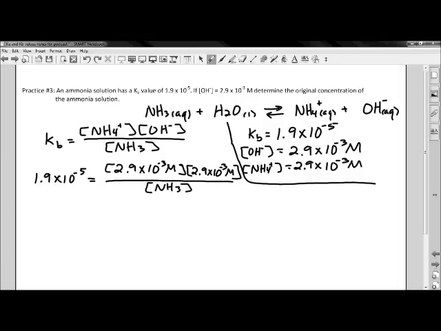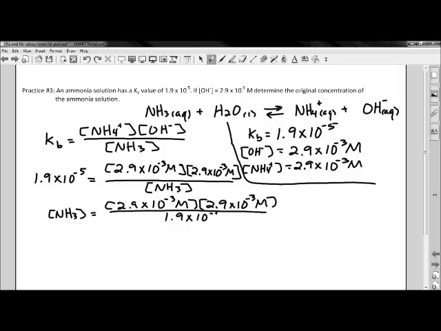So to solve this, we need to multiply our NH3 over and divide the 1.9 times 10 to the negative fifth over. So here we go. We have our NH3 now equal to 2.9 times 10 to the negative third molar times 2.9 times 10 to the negative third molar. A faster way, you can just square that since you're multiplying the same number times itself. Divided by 1.9 times 10 to the negative fifth.